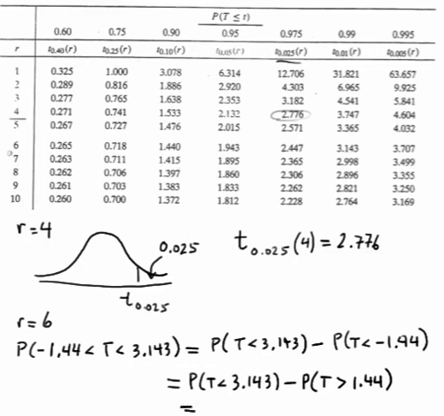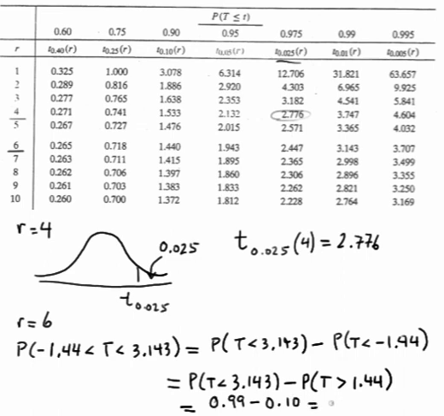Find the row for the distribution with 6 degrees of freedom, and then look across until we find 3.143, which is 0.99, minus, and then look across until you find 1.44, and in this case we're looking for the probability that we are actually greater than 1.44, so we don't want the cumulative probability but rather the upper probability of 0.10.